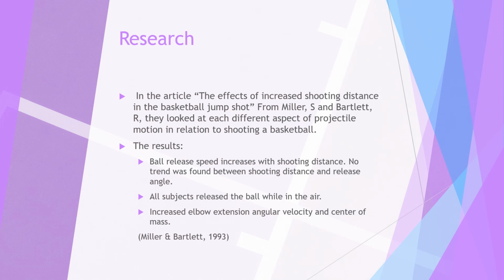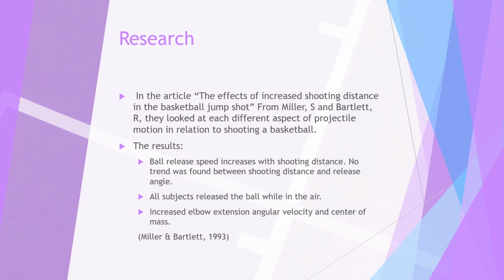In another research article, The Effects of Increased Shooting Distance in Basketball Jump Shots, they looked at the different aspects of projectile motion in relation to shooting a basketball instead of just focusing on release angle. They found that the ball's release speed increases with shooting distance.